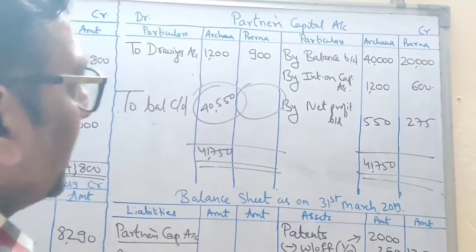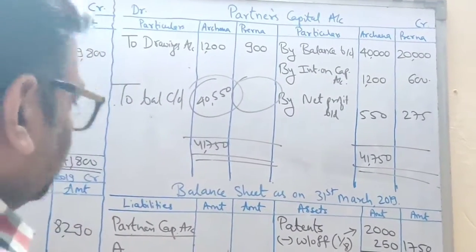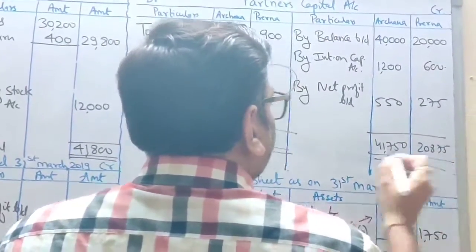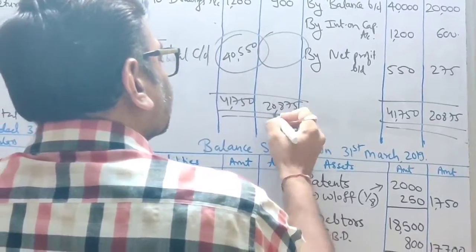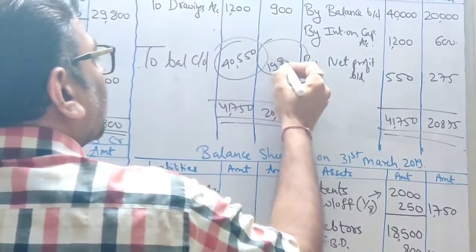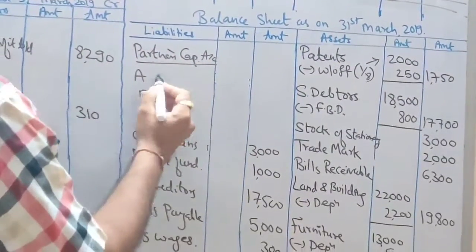Now the same way for Prerna. Likewise you do the totaling of Prerna. 600 plus 275, 20,875, minus 900, 19,975.